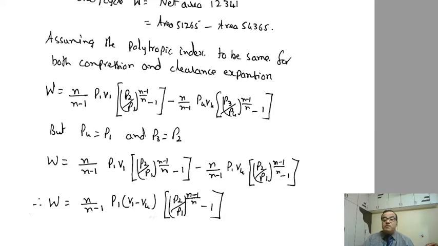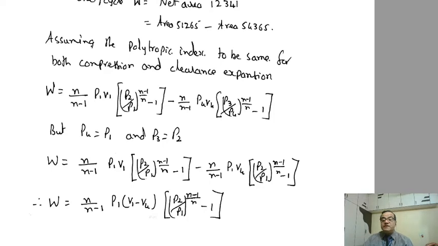But we know P4 is P1 and P3 is P2, because there are two pressures, the initial or inlet pressure and the delivery pressure. So P4 is equal to P1 and P3 is equal to P2. So work done is n by n minus 1 P1 V1 [(P2 by P1) to the power of (n minus 1) by n minus 1], and this P3 by P4 is replaced by P2 by P1 because P3 is equal to P2 and P4 is equal to P1.